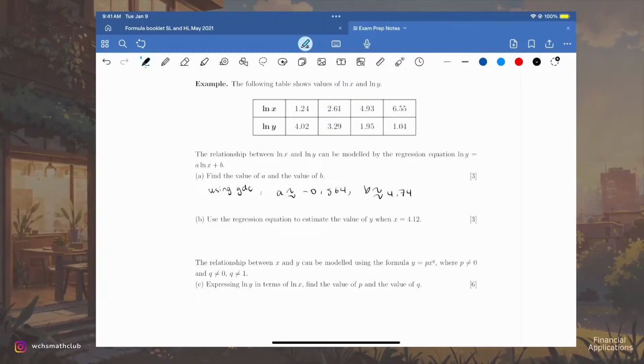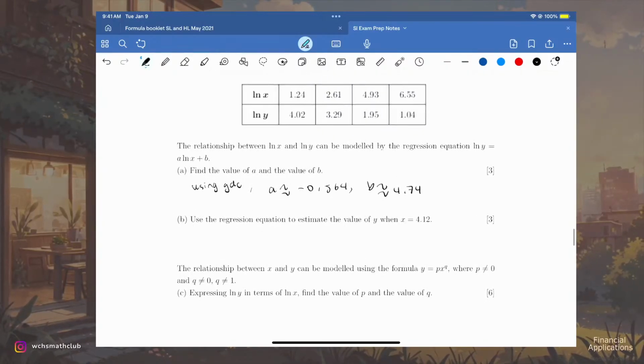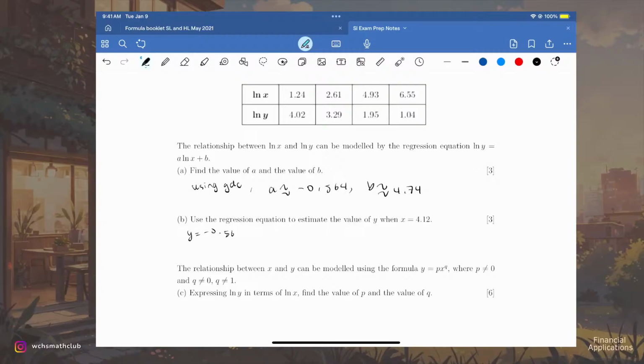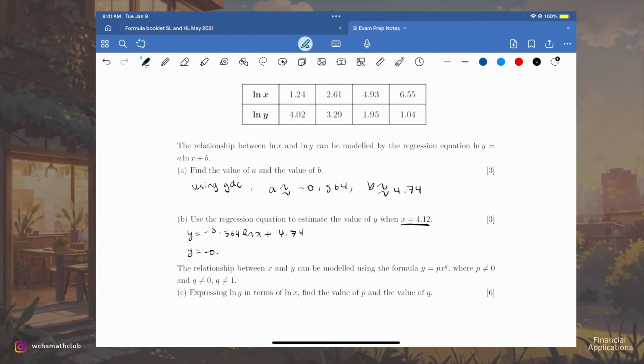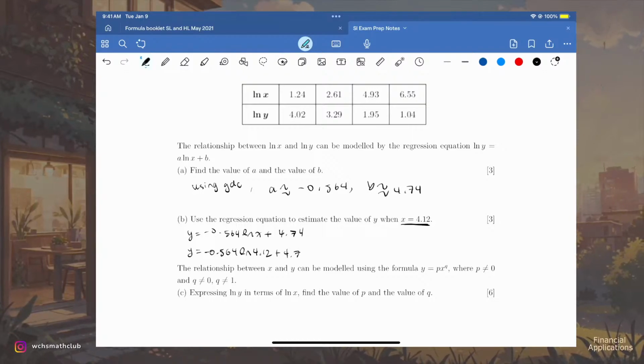This can now be used in part B, where you use the regression equation to estimate the value of y when x is equal to 4.12, because your equation here will just be ln y is equal to negative 0.564 ln x plus 4.74. By substituting in x equal to 4.12, it's ln y equals negative 0.564 ln 4.12 plus 4.74.